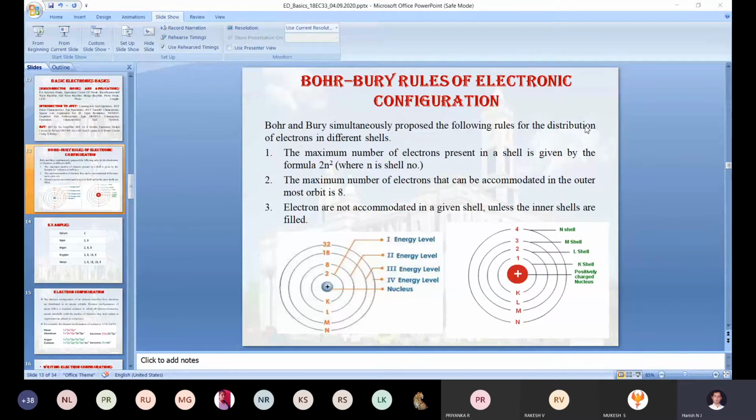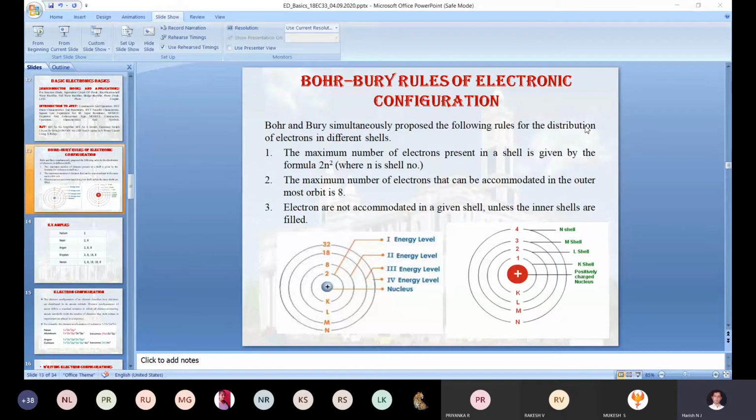As per the octet rule, is that valence shell stabilized or not? No, it is not stabilized, because for stability an orbit should consist of 8 electrons. If it consists of less than 8, that kind of orbit we count as unstable. So for satisfying the octet rule, that particular shell should consist of 8 electrons.